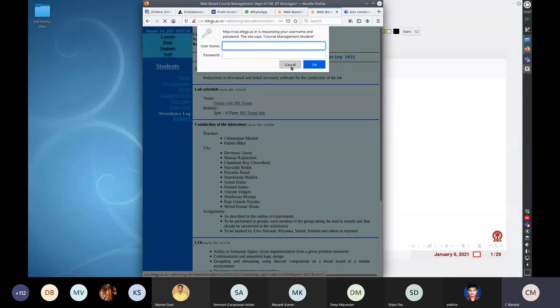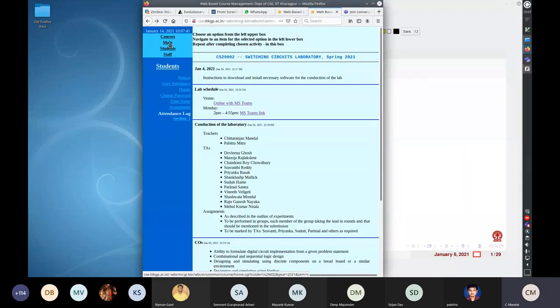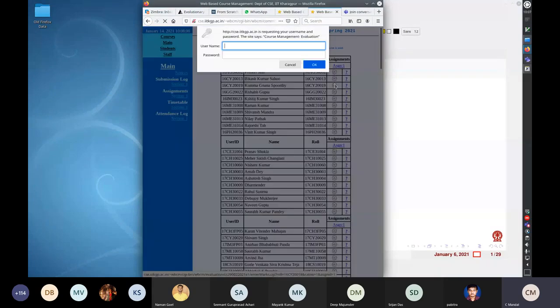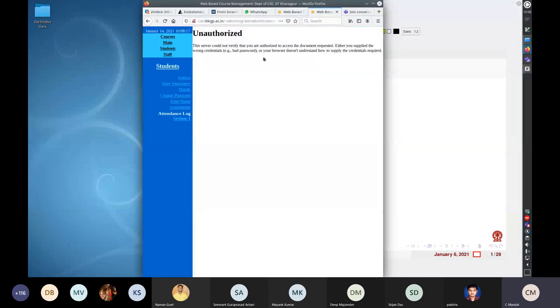If you try to log in from other places, for example if you visit the submission log, you might click somewhere here, but it will not work, because that is for course management evaluation, whereas for students, it is already showing unauthorized.